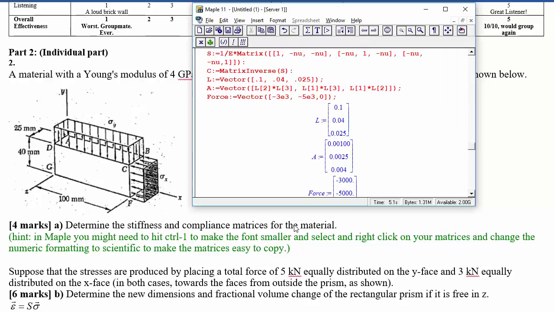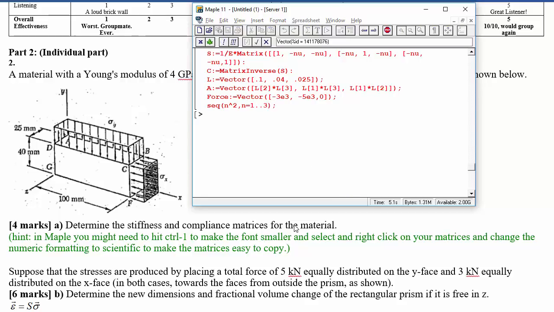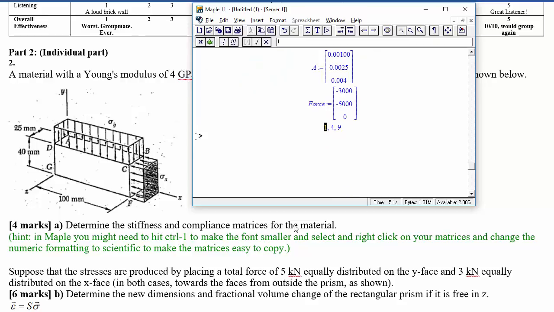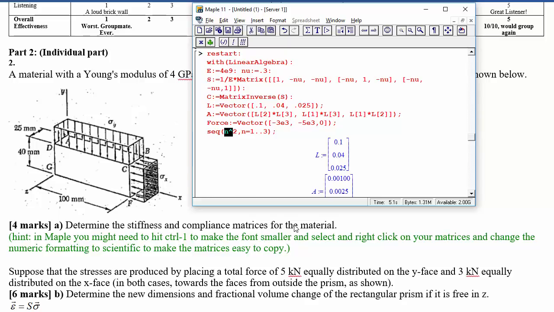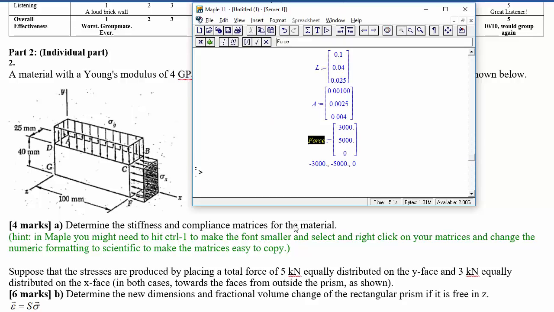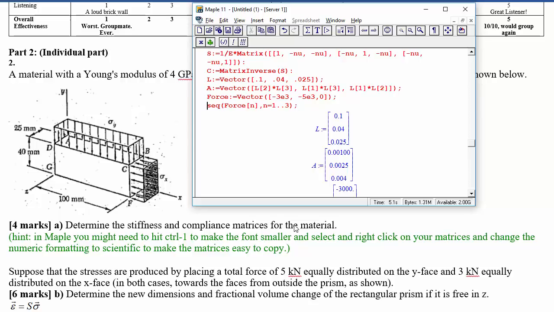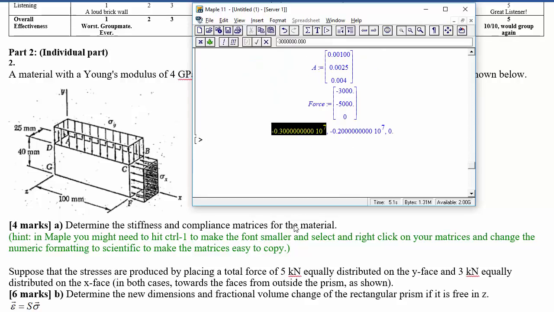I did go and look up some neat stuff to figure out how you could do element by element division, and so I can show you how to do it in old school Maple using the sequence notation. Remember that the sequence of n squared, n equals 1 to 3, just creates a list of all the n elements there. But you can also use this to index things, force n, and that's going to create a list of the elements of the force vector. If you want to know the stress, you can take the force and divide that by the area n, and this will be a list of the stresses.